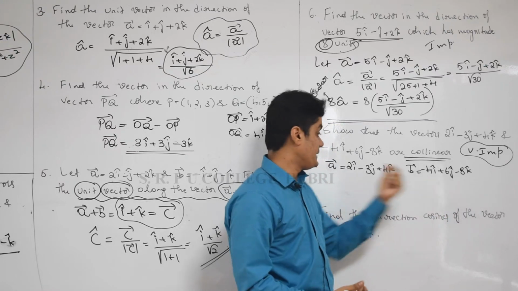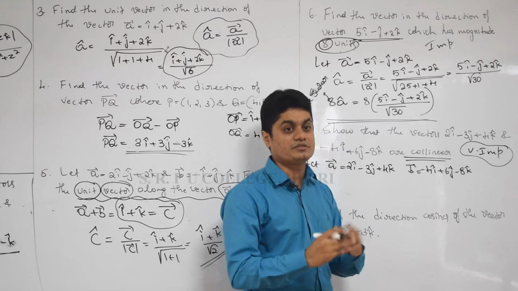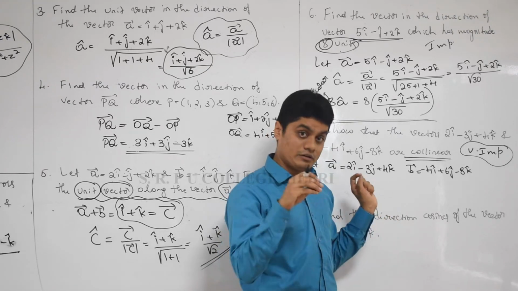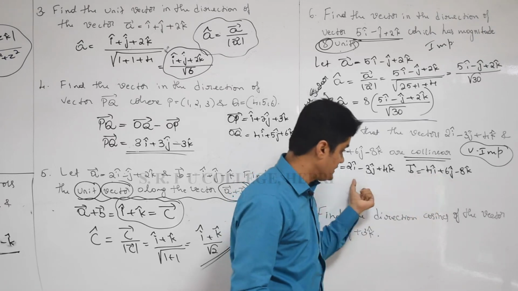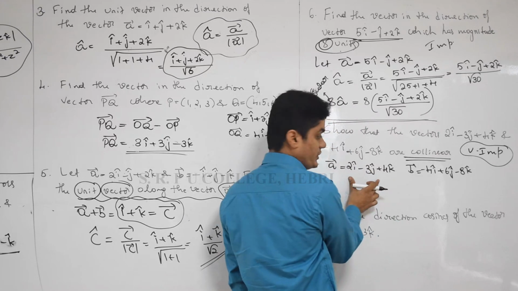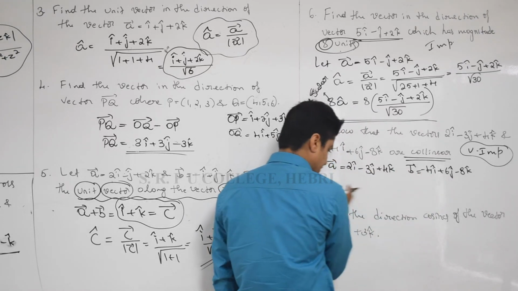Vector b looks bigger compared to vector a, but there is no comparison like that. Remember that in vectors you cannot say one vector is more than another. You can compare magnitudes, but vectors themselves you cannot compare. But anyone can tell that this may be bigger than this. So take vector b, the one that looks bigger, and consider it.